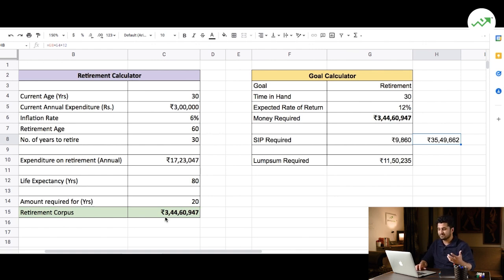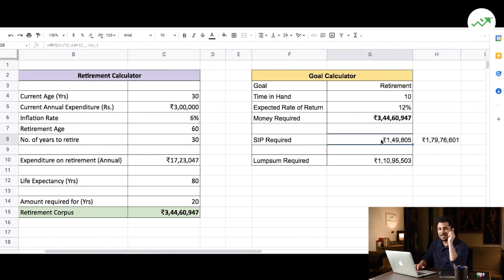Now, for all of you who were thinking it's okay if I even start planning for my retirement at 50 years of age, let's look at that. 50 years of age means the time in hand that you'd have is 10 years. Did you look at those numbers changing?